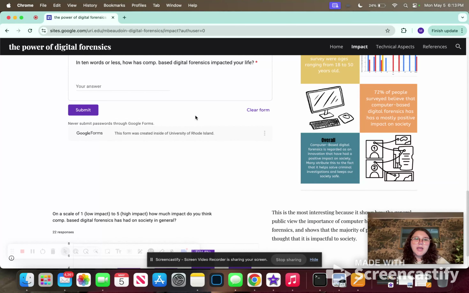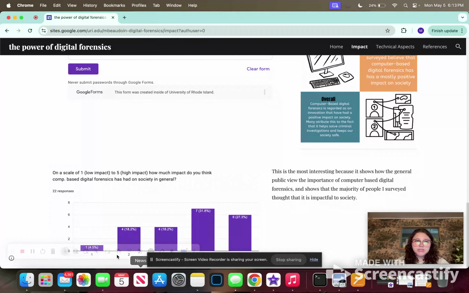And then for the graph I chose at the bottom, the one that was important to me was this one. On a scale of 1 to 5, how much do you think the innovation has had on society in general? And I thought it was really interesting.